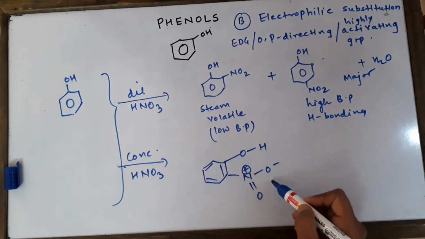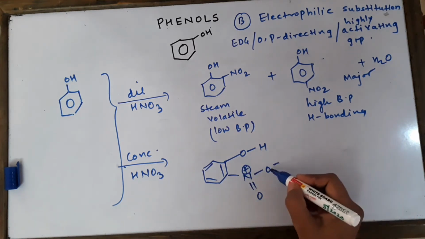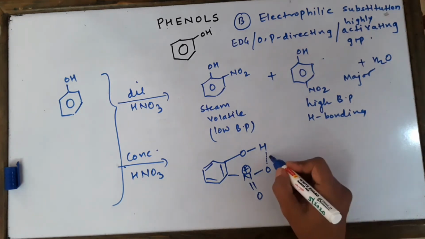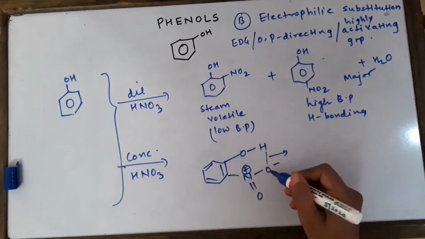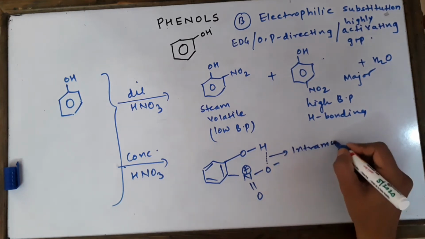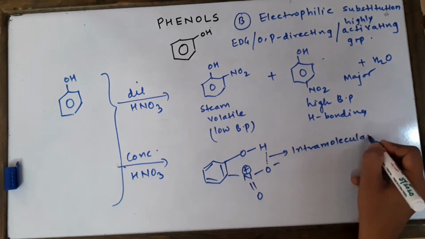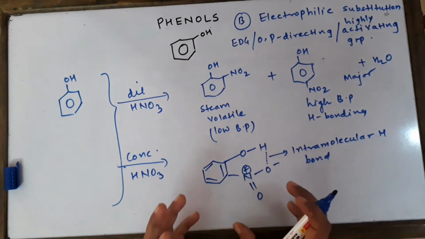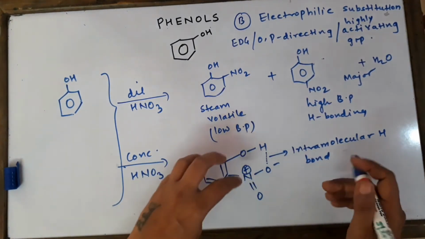So the 2 groups are so close together that the oxygen and the hydrogen start making a bond with each other. This kind of bond is going to be a hydrogen bond because it is between oxygen, an electronegative element, and hydrogen. This bond is intramolecular, it's an intramolecular hydrogen bond, and because of which every orthonitrophenol molecule is going to be a discrete species.